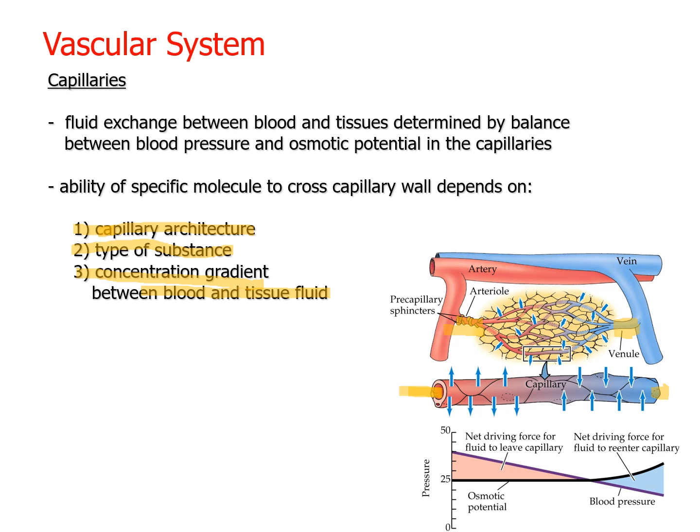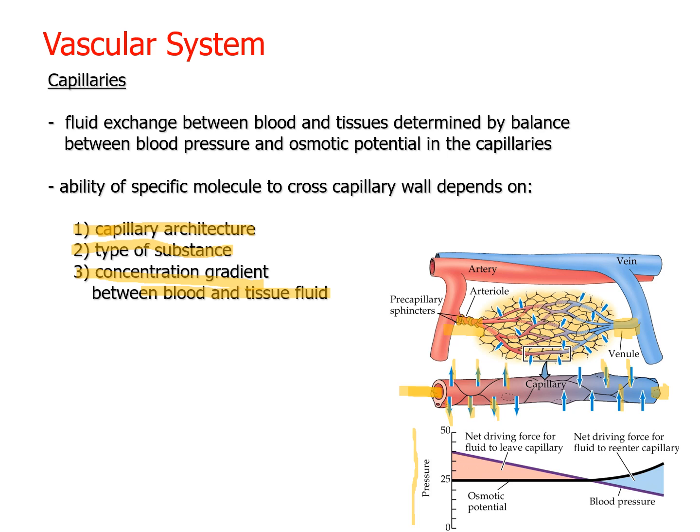Now, in terms of movement of fluid towards the arteriolar side of the capillary, you have net movement outwards, as shown by these arrows, and as the blood progresses through the capillary and goes towards the venular end, fluid is pulled back in. This is shown in this diagram and is due to changes in pressure and osmotic potential.